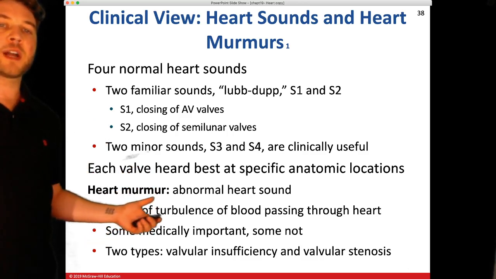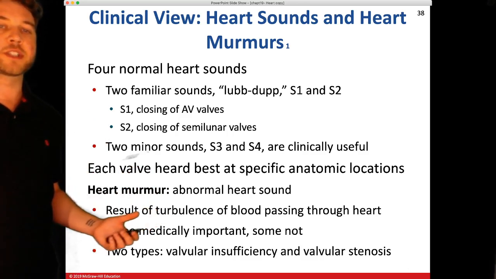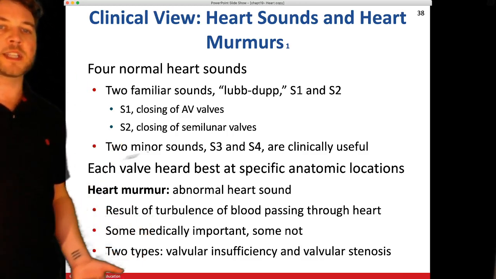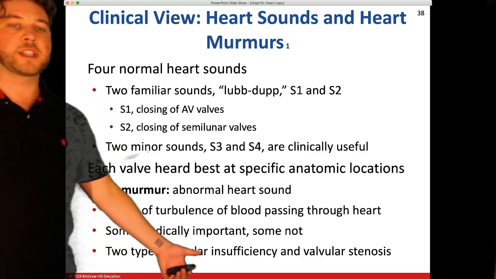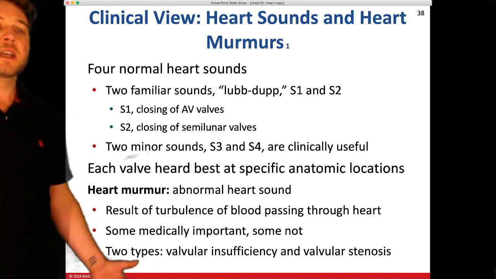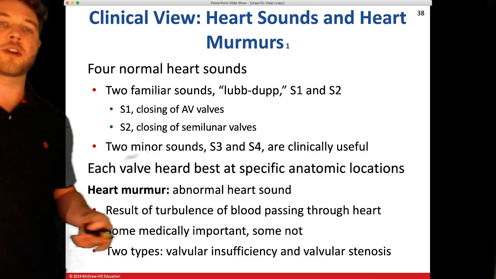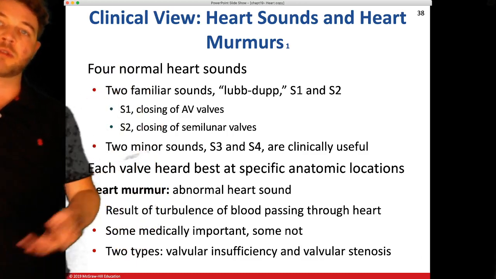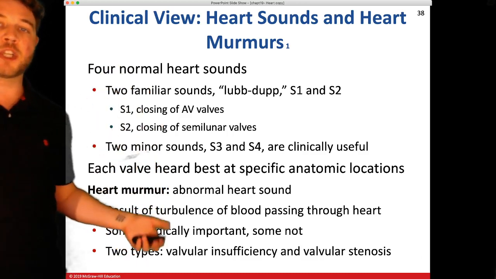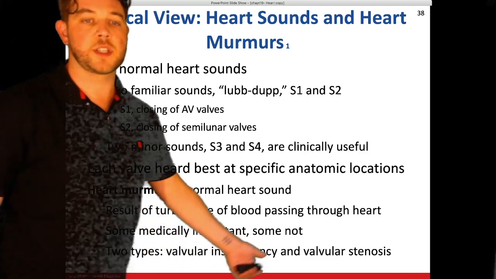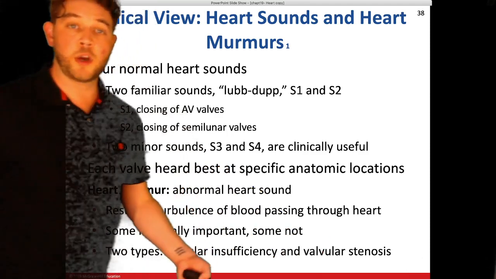If you have a heart murmur, that is an abnormal heart sound, which is a result of turbulence of blood passing through the heart. Some are medically important, some not. There are two types: valvular insufficiency and valvular stenosis. Even though there's a lot of pressure being generated in the heart, it should be a fairly smooth process. But sometimes you have valves that don't close properly, which is valvular insufficiency, or valvular stenosis, meaning they don't open properly.